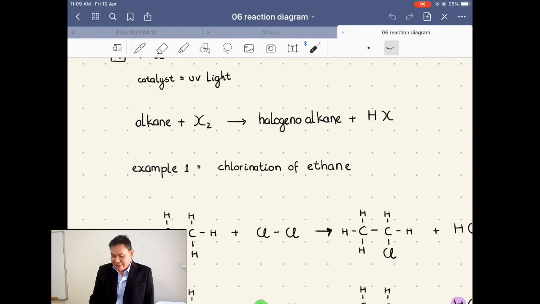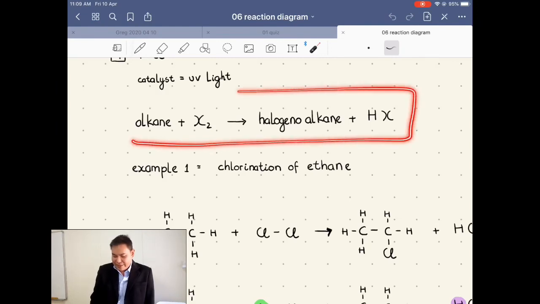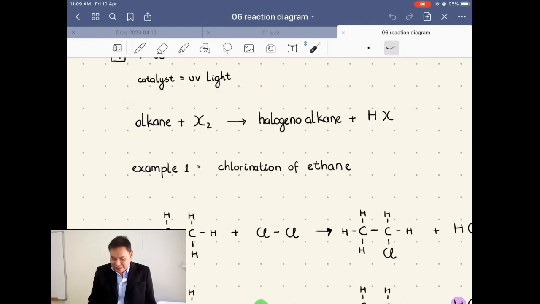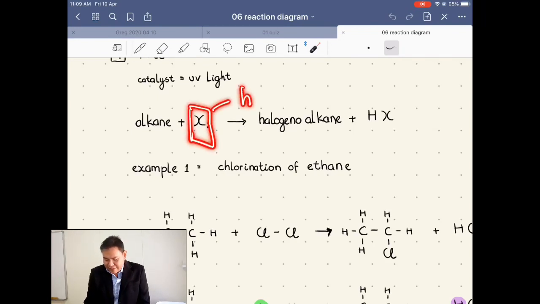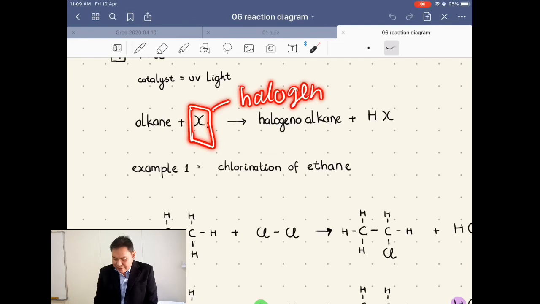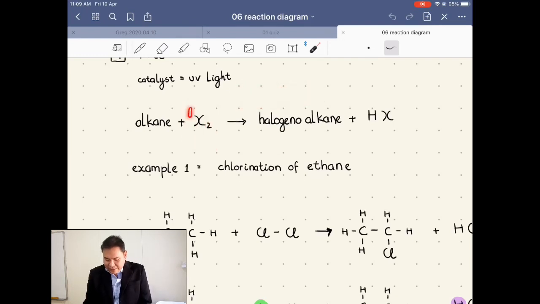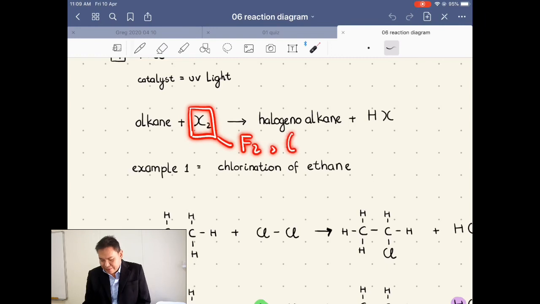The reaction pattern, alkane plus halogen. This X2 is the symbol of halogen, yeah? The X2 can be several possibilities, F2, Cl2, or Br2, or I2.